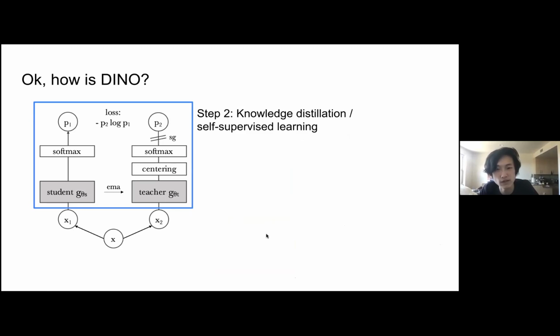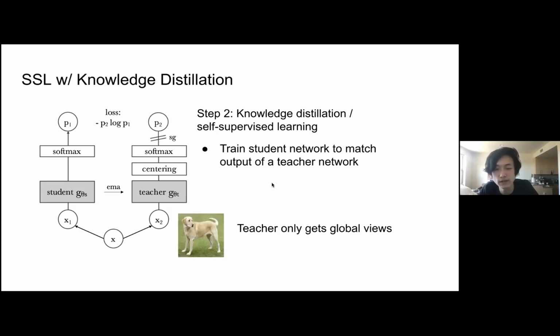And then the second part is this knowledge distillation with self-supervised learning. The main idea here, and we'll try to get into it with time, is that we want to train a student network to match the output of a teacher network. This is slightly different from the SimCLR type stuff, because now each of these networks has the same architecture but different weights.